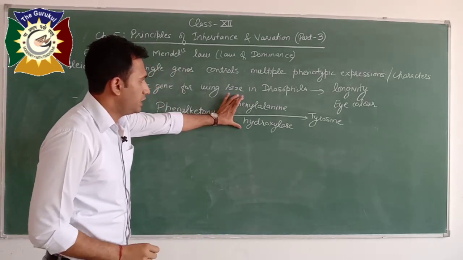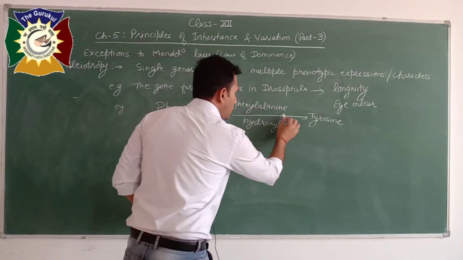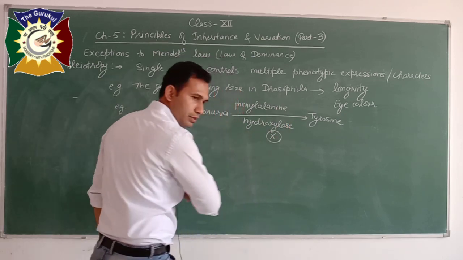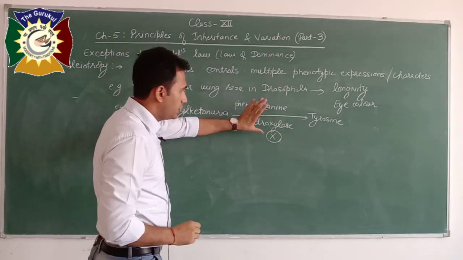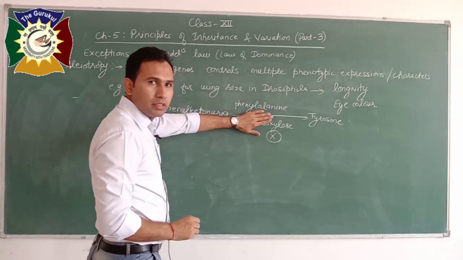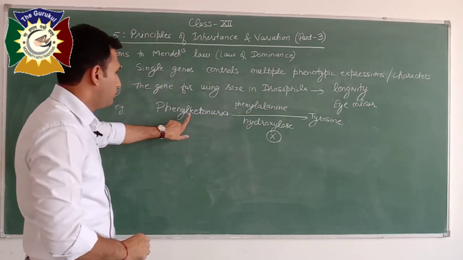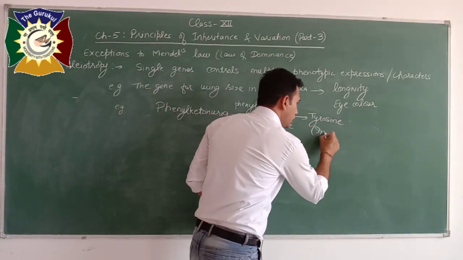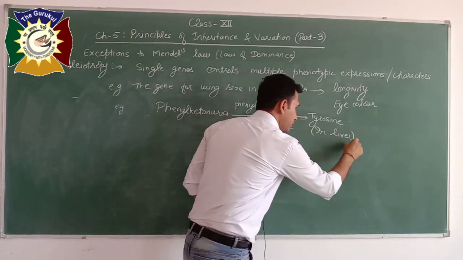सो इस डिजीज के अंदर ये जो एंजाइम बनना था, इसके लिए जो जीन रिस्पॉन्सिबल था उसके अंदर हो गई म्यूटेशन. So due to mutation this enzyme will not be formed. So if this is not formed, then phenylalanine will not be converted into tyrosine, which is stored in liver.